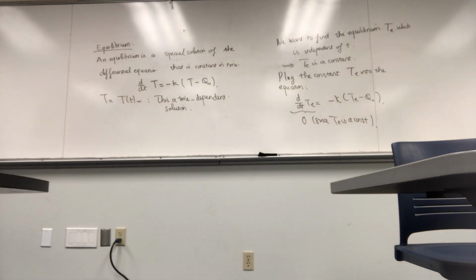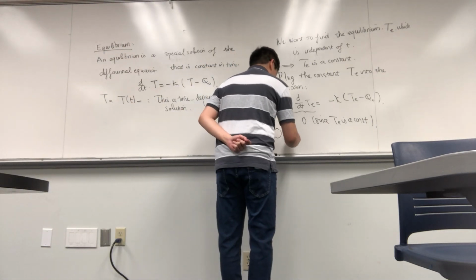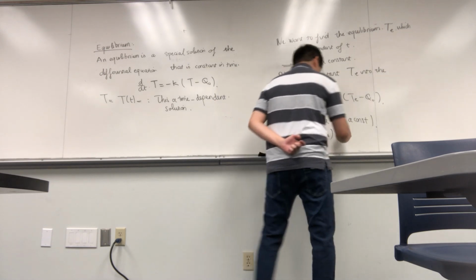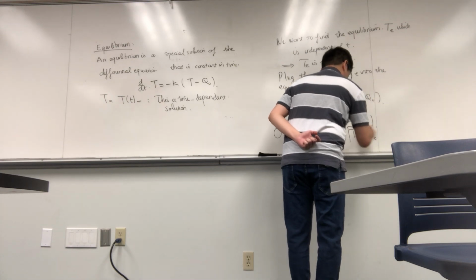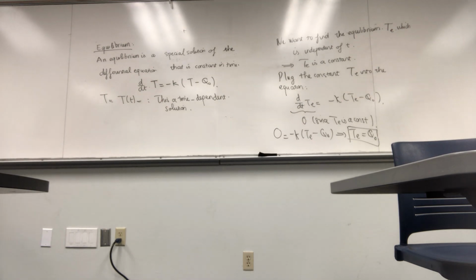So the derivative in time of T should be 0. Which means that you have what? You have 0 is minus k Te minus q0, meaning that Te is q0. All right? So the equilibrium solution is nothing but a constant. And this constant is q0.